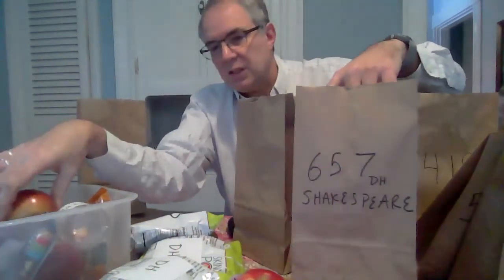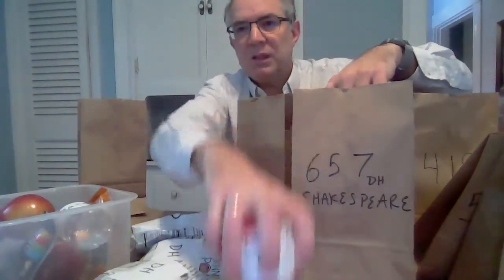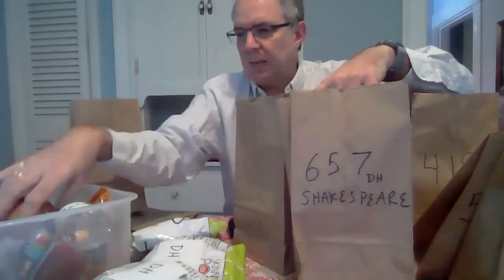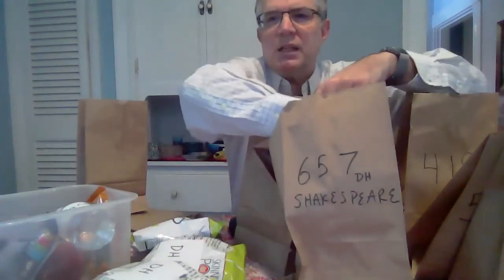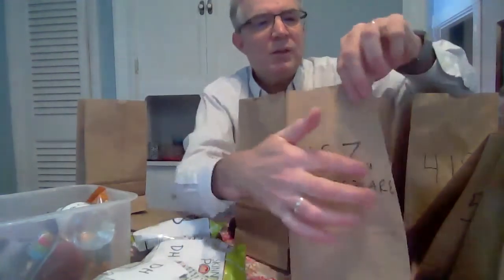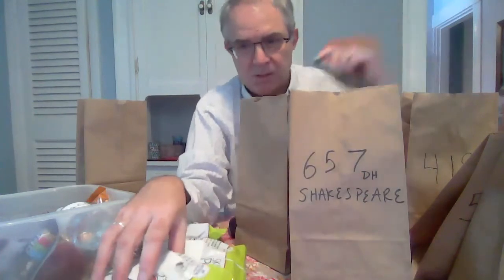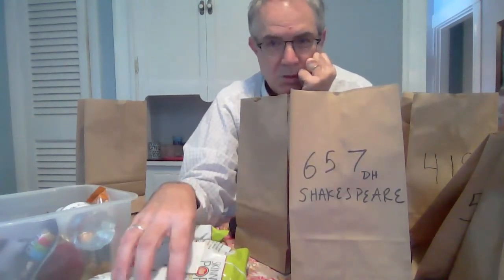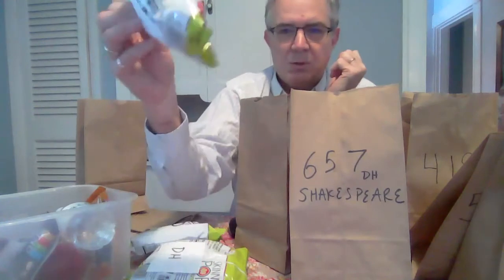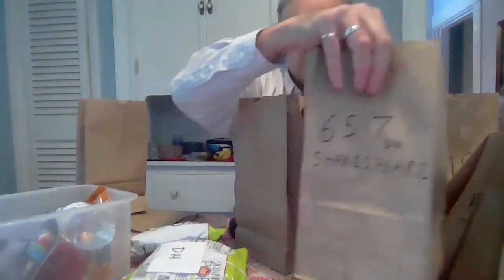It is a 600 or 700 level course, so you put an apple in there. Sometimes it's taught with a DH. A lot of semesters it is. A lot of the Shakespeare teachers will teach with a DH, so then you get to put your Skinny Pop in there. Then you're good, you've got Shakespeare.